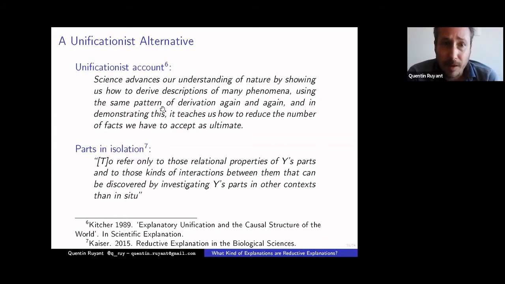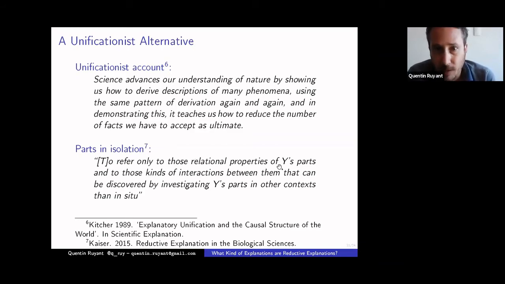And there is a parallel with the notion of parts in isolation, which is a characteristic of reductive explanation given by Marquis. The idea of parts in isolation is to refer only to those relational properties of the parts, and to those kinds of interaction between them, that can be discovered by investigating the parts in other contexts than in situ.